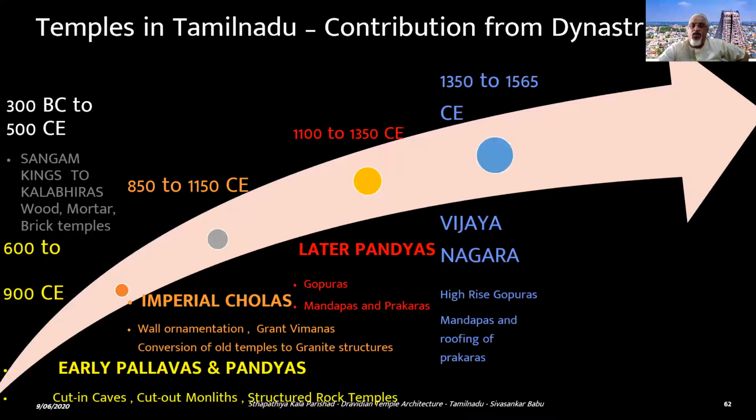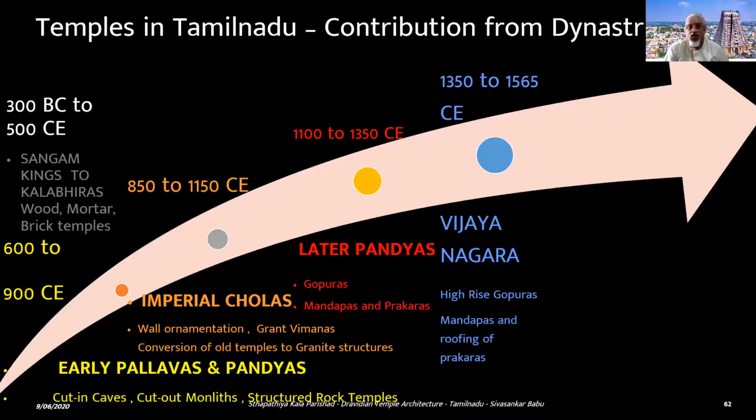This work was taken to the pinnacle by the Vijayanagara. They had a challenging job. First, they had to undo the damage done by the North Indian Muslim nations. They recovered that, restructured the temples, and did it with grand security, high-rise walls and gopuras.